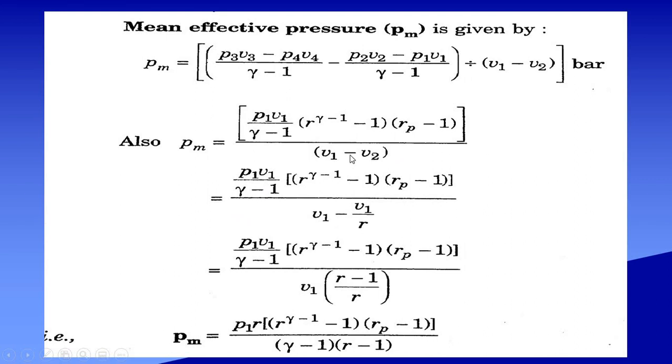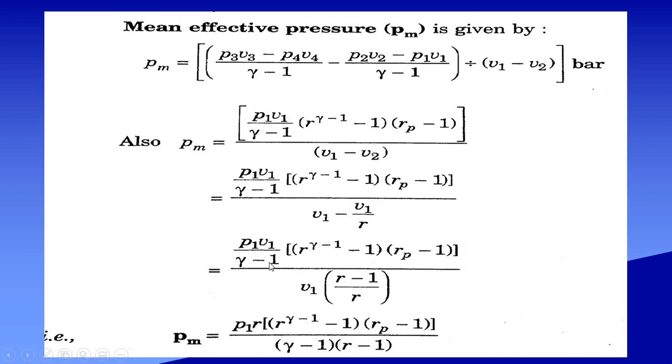Okay, so V1 minus V2, so V1 by V2 is equal to R, so you substitute that for V2, so it becomes V1 by R. So when you take this V1 commonly out of this, it becomes 1 minus 1 by R. So when you simplify, that becomes R minus 1 by R. So you can see here, V1 into R minus 1 by R.